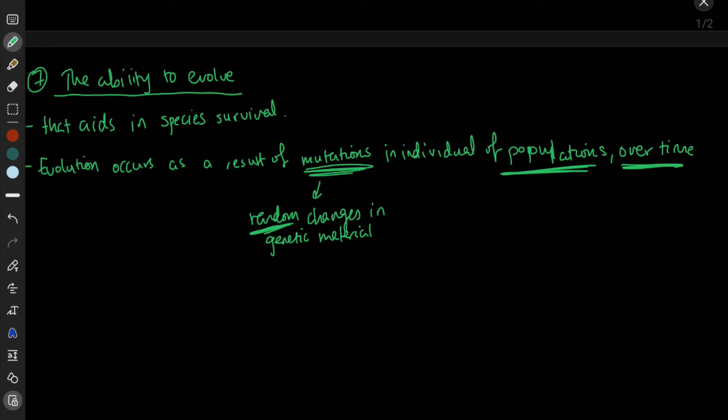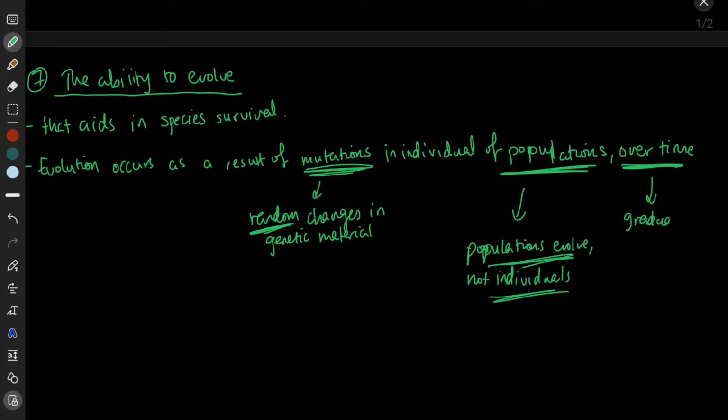Number two is that it happens in individuals of populations. Here the important thing is that populations evolve, not individuals, right? So it's populations that evolve and not individuals. And the other thing is that it happens over time, which means that evolution is a gradual process.